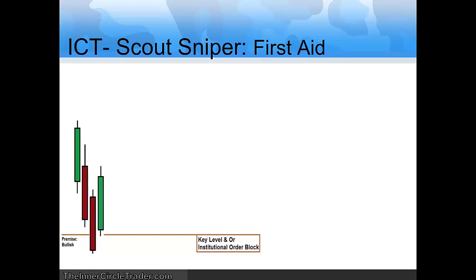Now we're going to assume for this example that we were fortunate enough to catch a long position at that key level, and it's not important that we have a specific price level in this example because really what we're going to be looking at is how traders are always, in my experience, even when I was an earlier developing trader, I felt the need to want to exit the trade immediately.